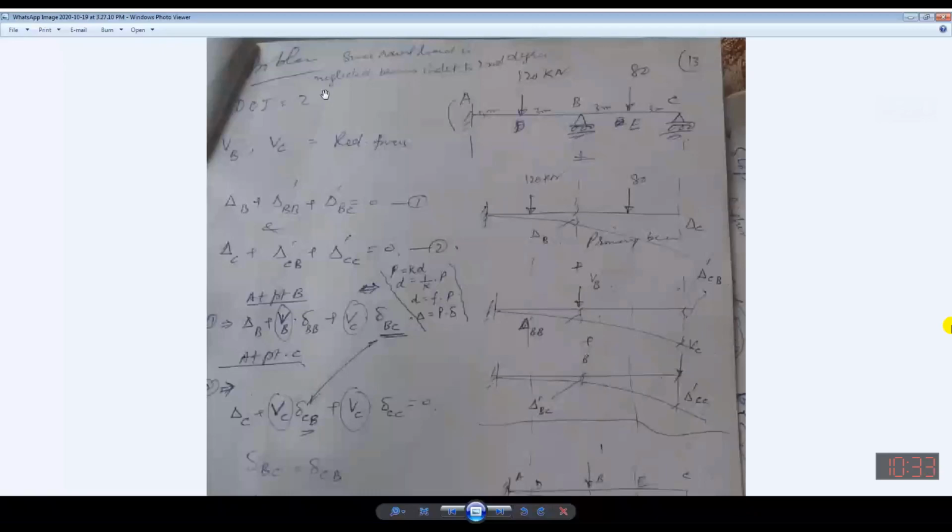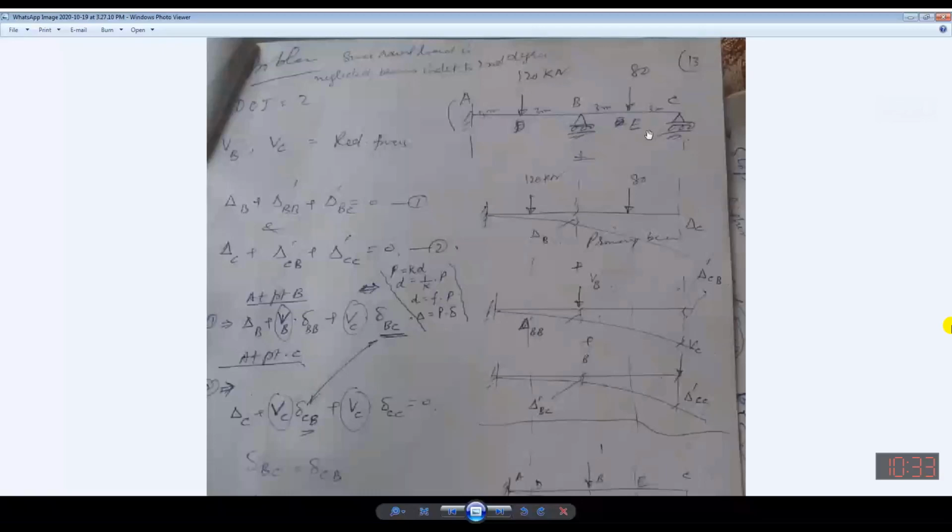See, it is written: this is 3 meter, 3 meter, 3 meter, 3 meter, with loads 80 and 120, points A, B, C, D, and this is E. Now I will have to remove 2 reactions, which will be considered as redundant.